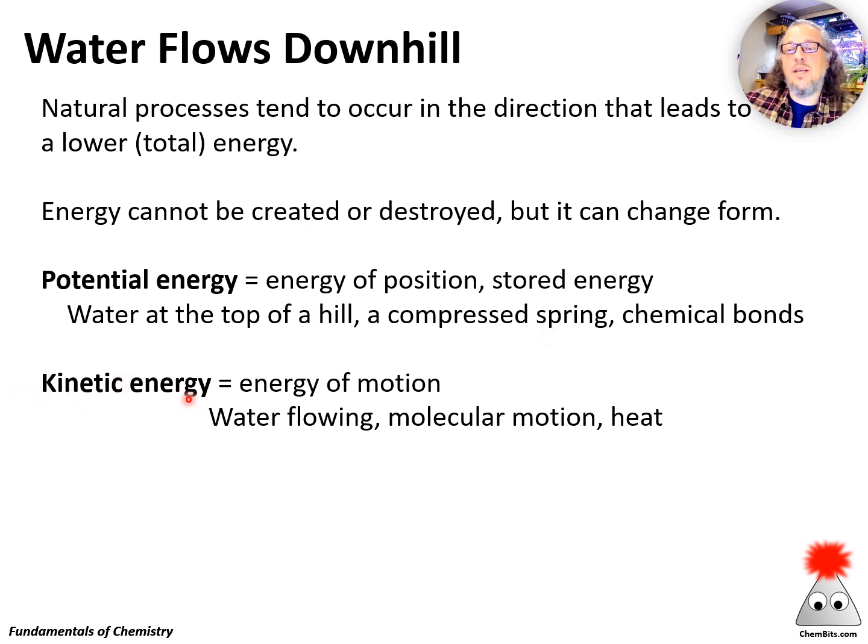And then we have kinetic energy. Kinetic energy is the energy of motion. So when the water is moving, or the molecules are moving, or heat is moving, that's essentially a way of measuring kinetic energy.